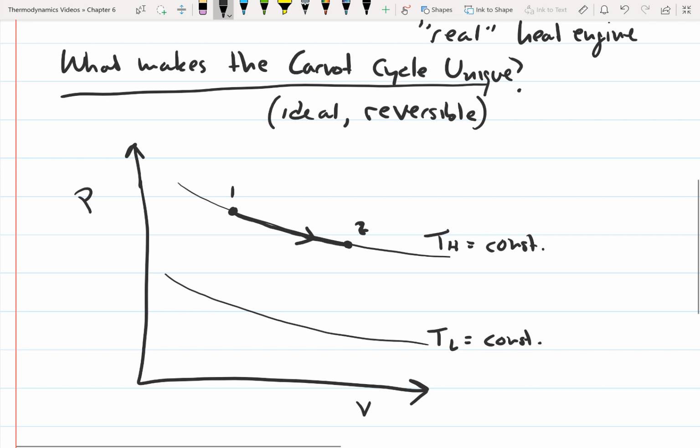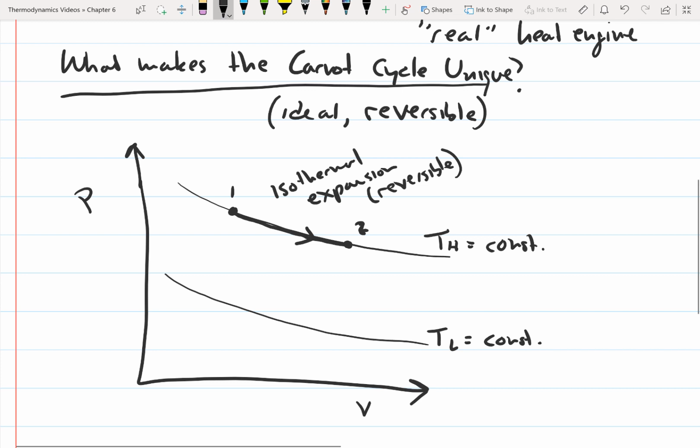And since we're moving along the isotherm, this is going to be constant temperature. So this is isothermal expansion, and since we're considering the Carnot cycle, this is going to be reversible. We'll expand on that in a minute.